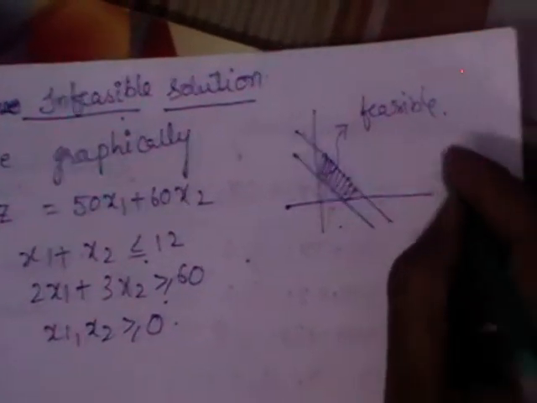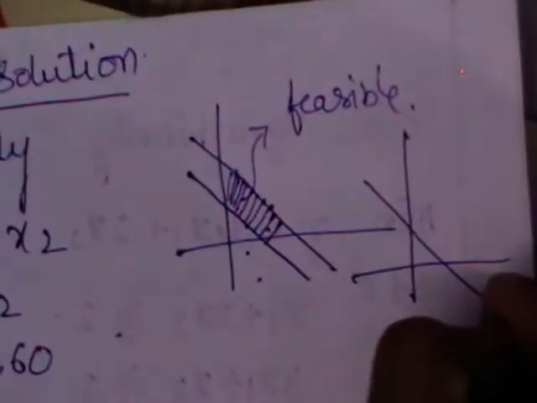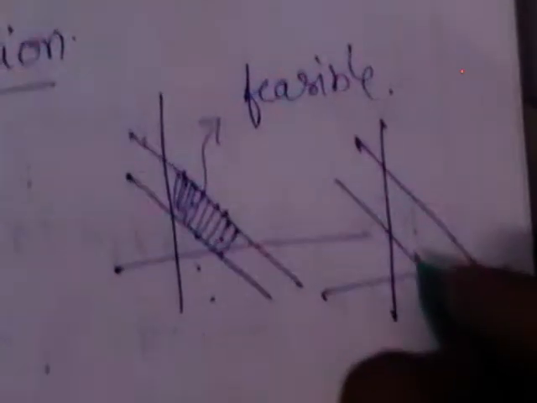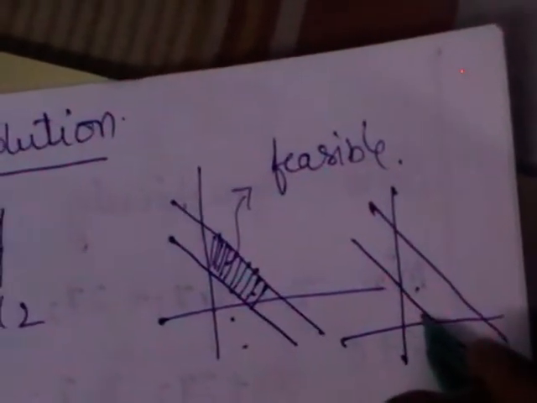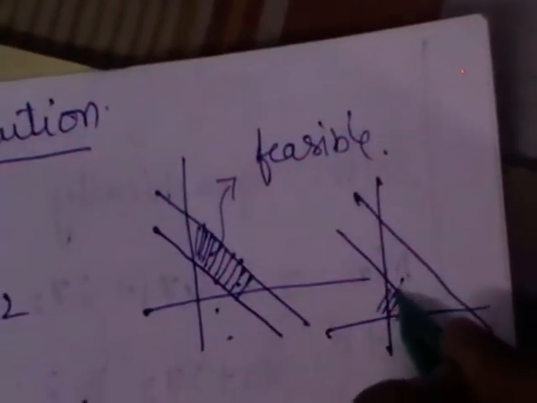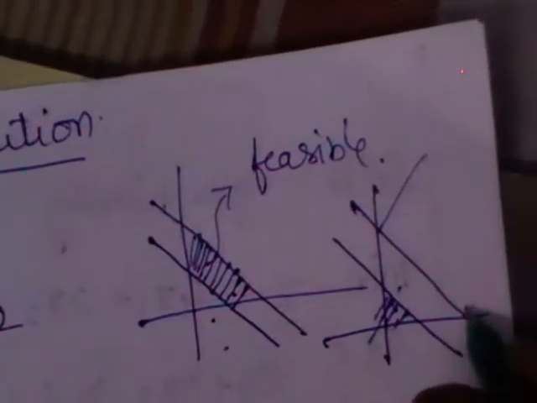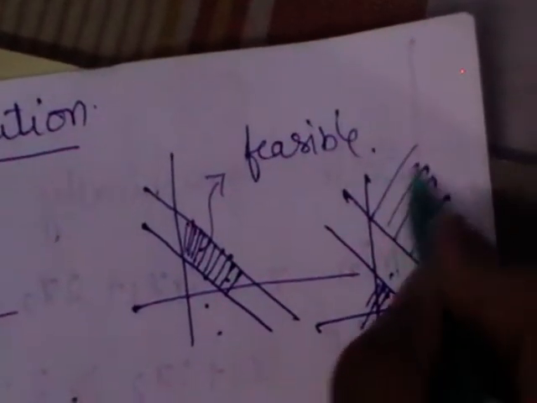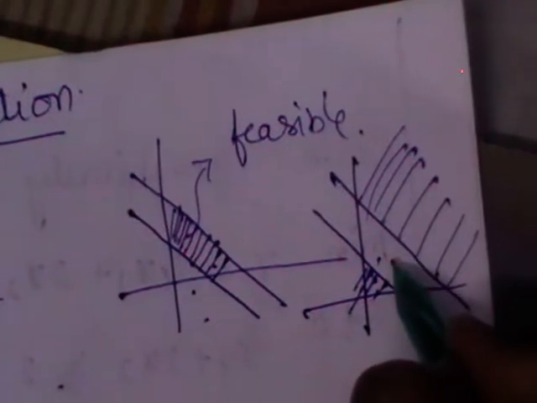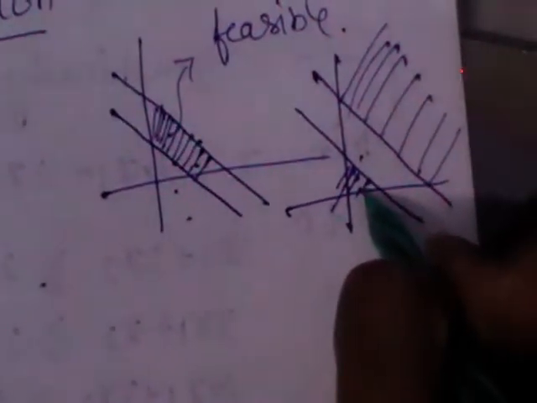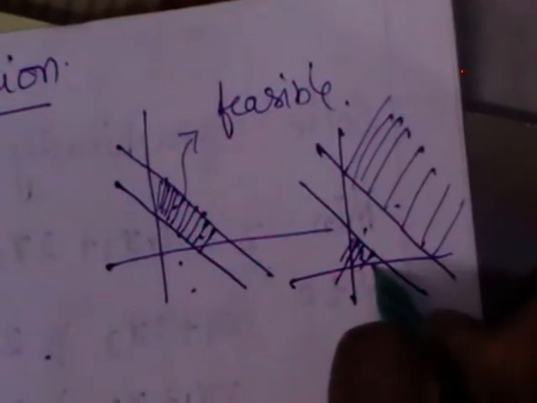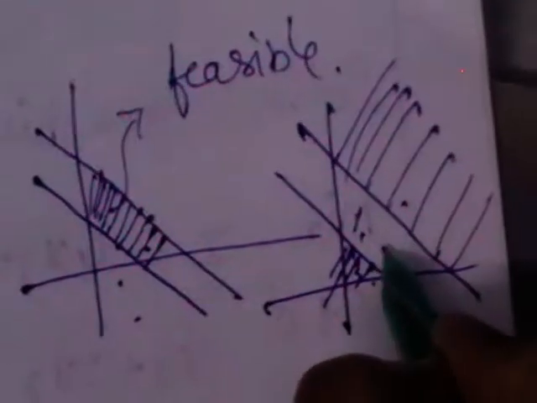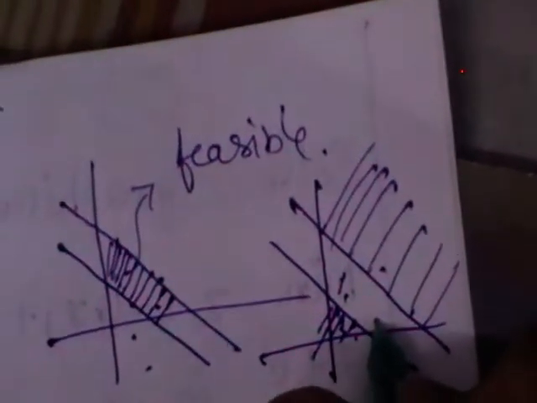The other case is when you have plotted the given constraints on the graph, but we observe that this is the region satisfied by the first constraint and this is the region satisfied by the second constraint. So here we clearly observe that there is no common region for both the regions. In such a case, we say that the problem has an infeasible solution.